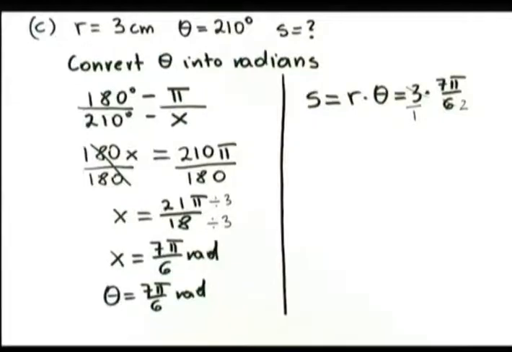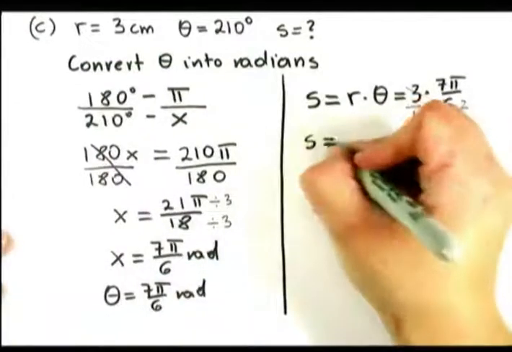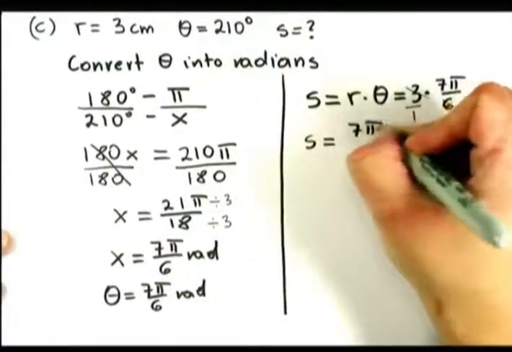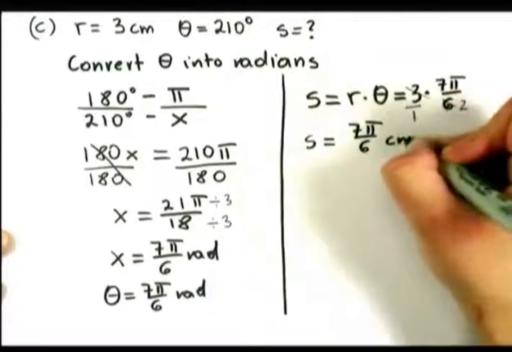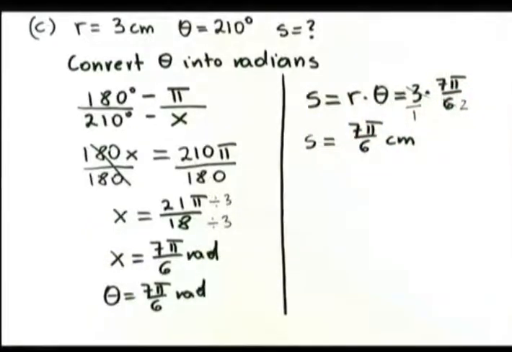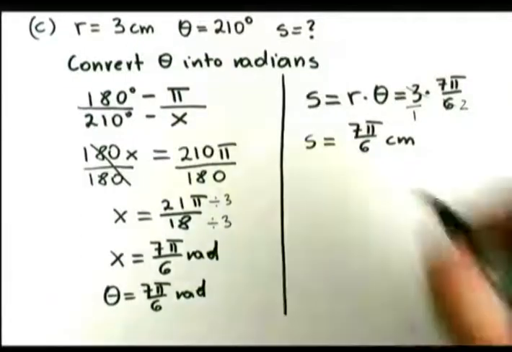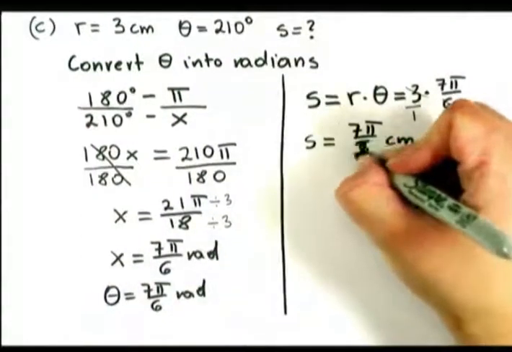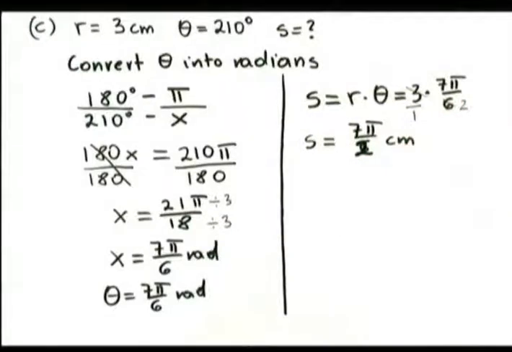So the arc length is 7 pi over 2 centimeters.